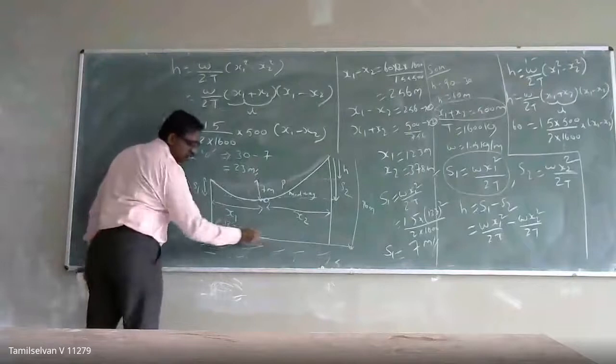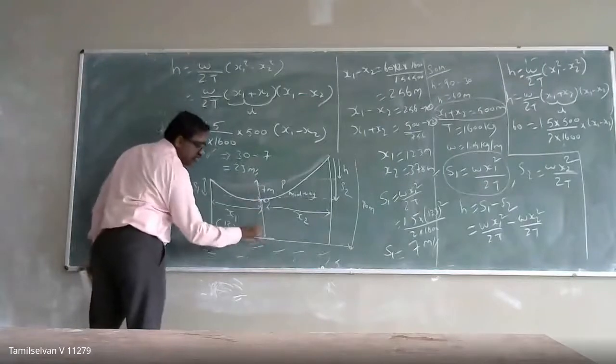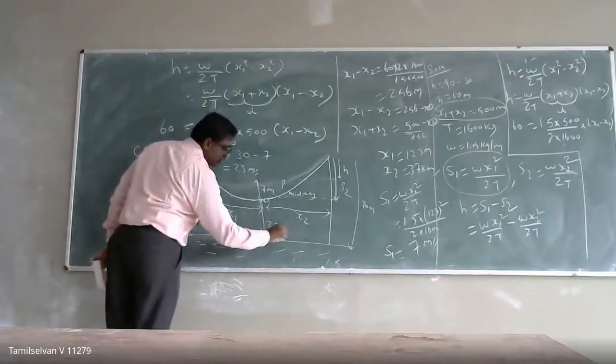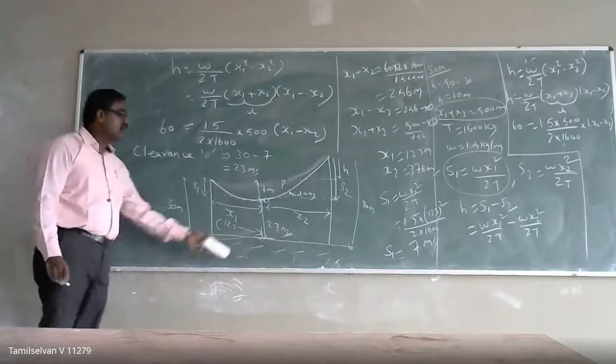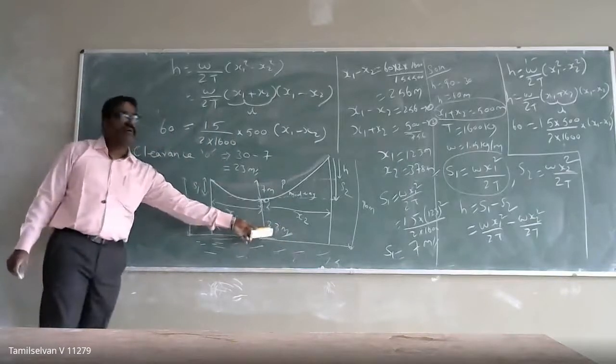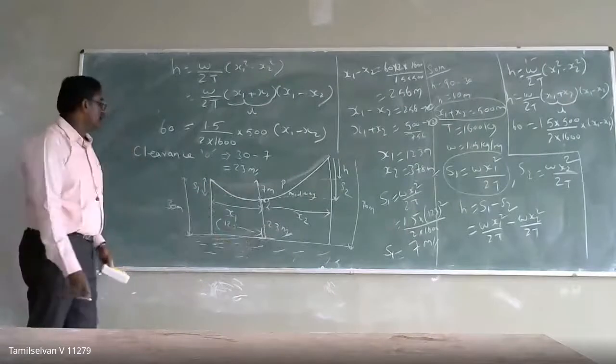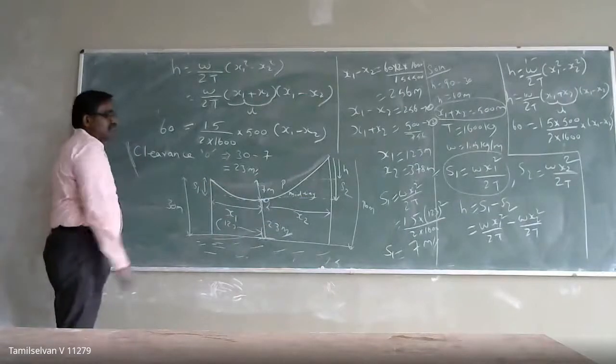So this clearance is going to be 23 meters. From the water level, the lowest point has a clearance of 23 meters. So this is the answer.